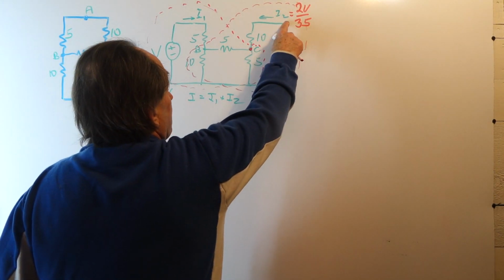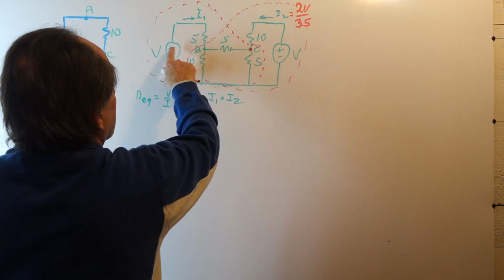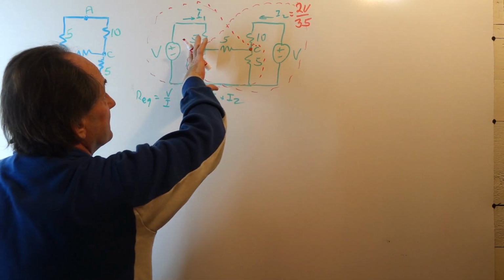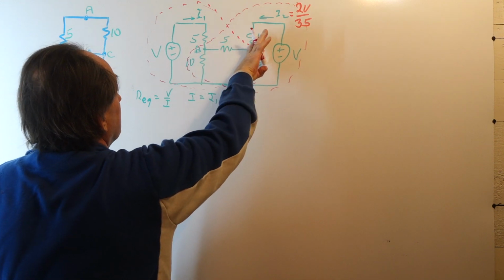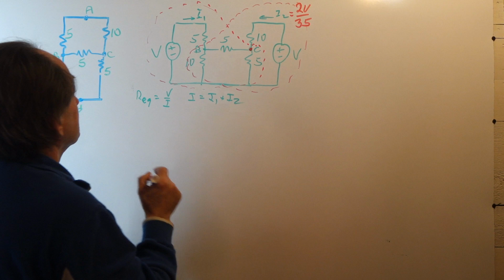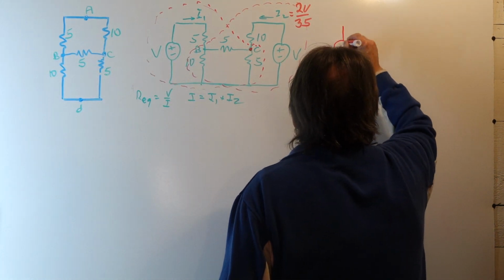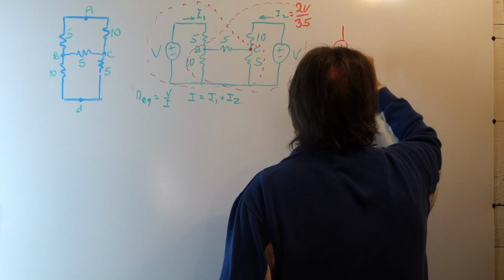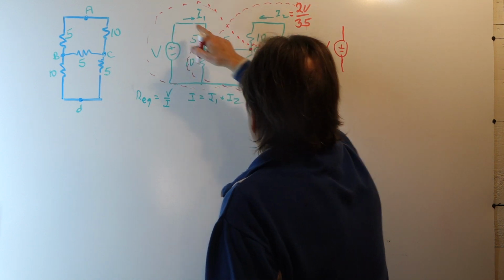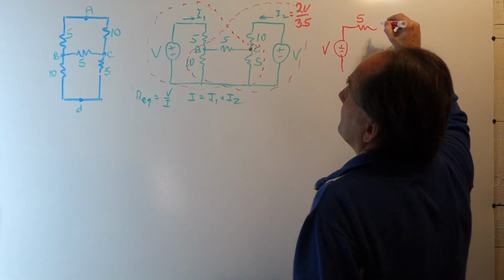Now that we've solved for current I2, we need to now find current I1. Well, to determine I1, we replace this part of the network with its Thevenin equivalent, draw the equivalent network, and solve for I1. So, what we're going to have here, then, is this. We'll have voltage source V with the 5 ohm resistor.